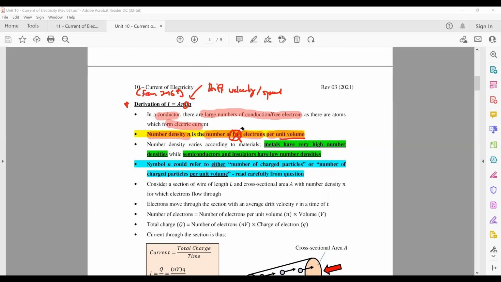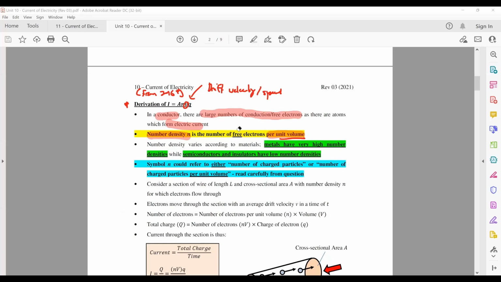You always need to write the term free electrons, because when you say number of electrons per unit volume only, the electrons could refer to the fixed electrons orbiting around your nucleus and also the free electrons. So it's better to be specific. Just say the free electrons, the electrons that are responsible for your electrical conduction.